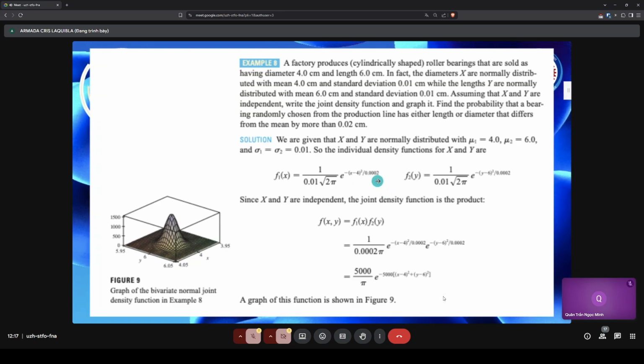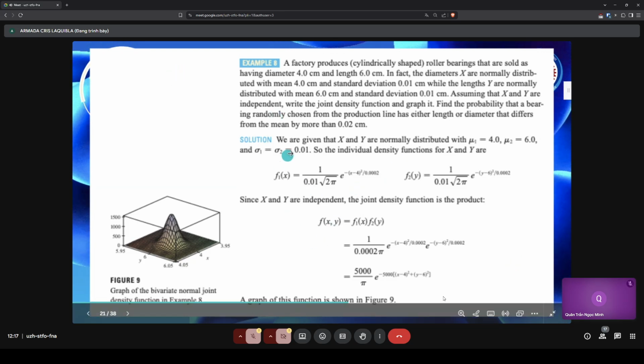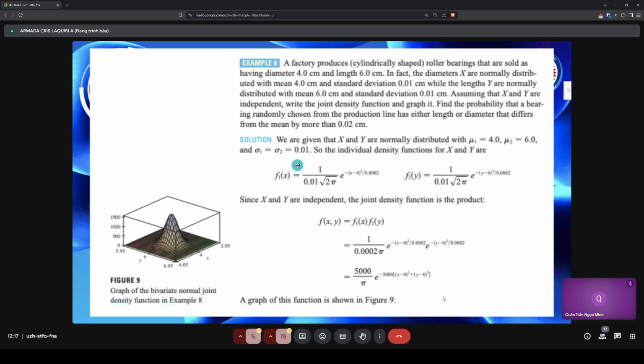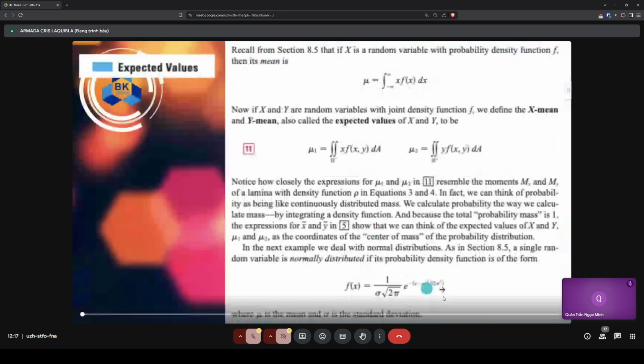Your 2 sigma 1 squared is equivalent to 0.002. So 2 multiplied with 0.01 and then you square it. No, you square it first. The 0.01, square it first, then multiply it with 2. And this will be the result, 0.002, which is this one.